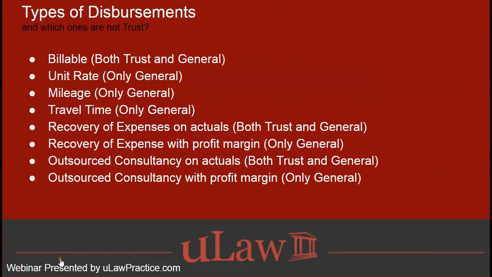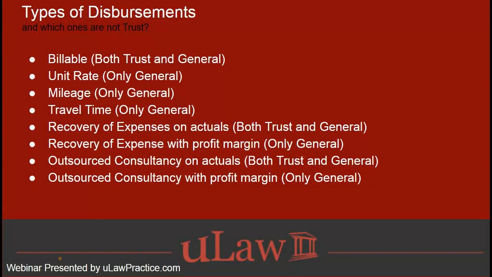What are some of the types of disbursements that we believe legal offices come across on a day-to-day basis? And from a best practices standpoint, just a little recommendation in terms of the types of disbursements that are better candidates to be paid out of trust compared to disbursements that are better candidates to be paid off the general account.